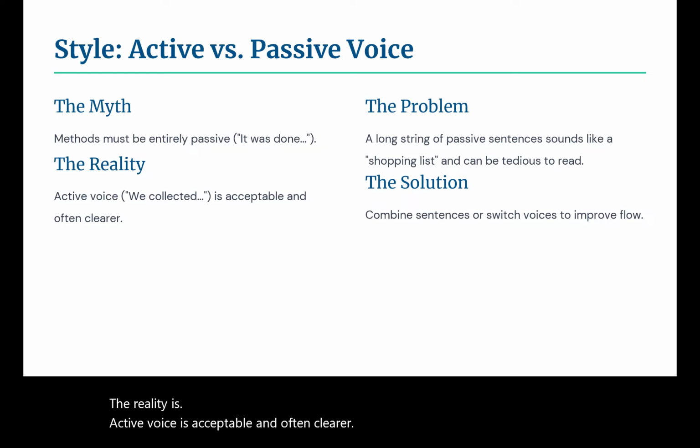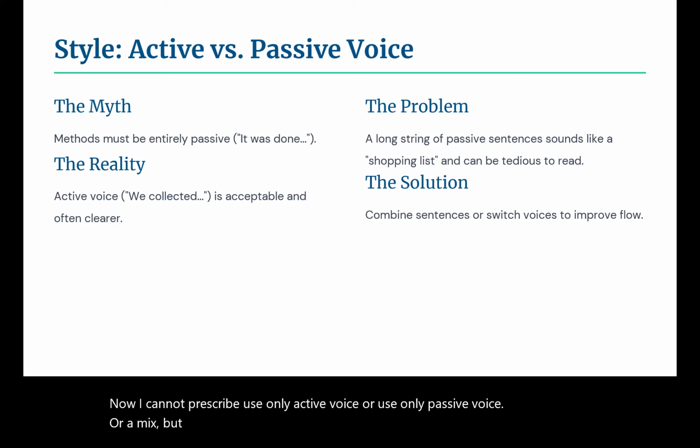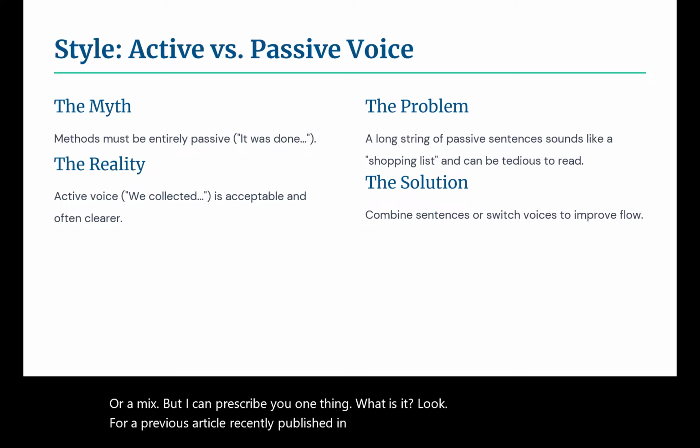Now, I cannot prescribe use only active voice or only passive voice or a mix, but I can prescribe one thing. What is it? Look for a previous article recently published in the same journal and see what sort of language is used therein.